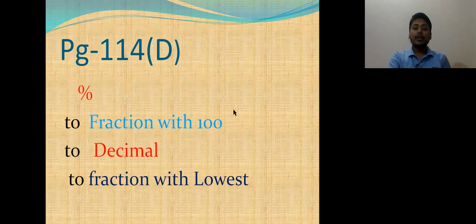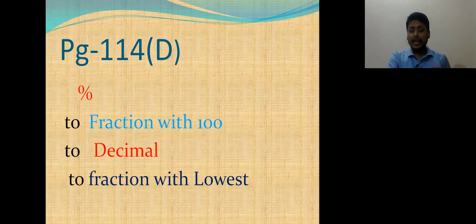Okay, so now come to the main point, the very important topic, page number 114, D. Here you have been given one number, either in fraction form, decimal form, fraction with lowest term, or percentage form. Then you have to find out the other numbers.